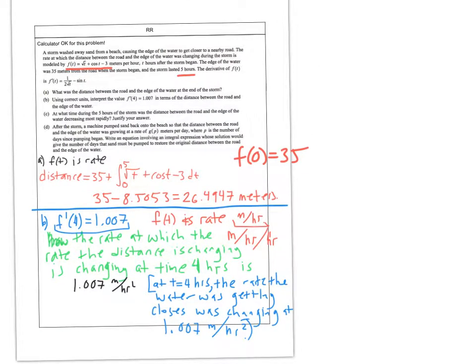Okay, for part C. At what point during the 5-hour storm was the distance between the road and edge of the road decreasing most rapidly? Okay, so I'm looking for a rate that is a maximum rate. So I'm looking for when f of t has a maximum or minimum value.